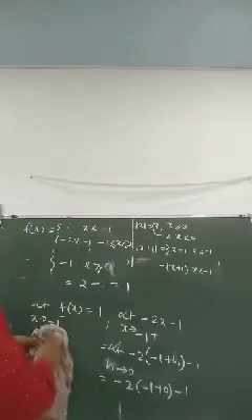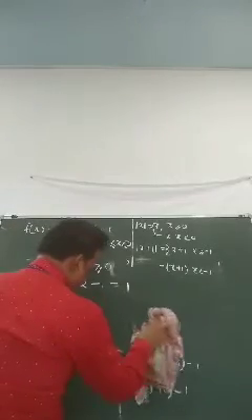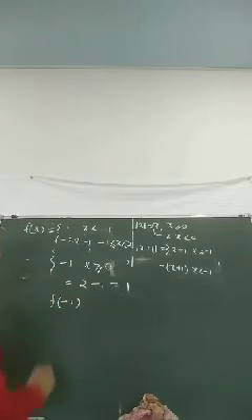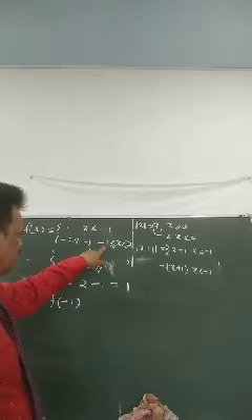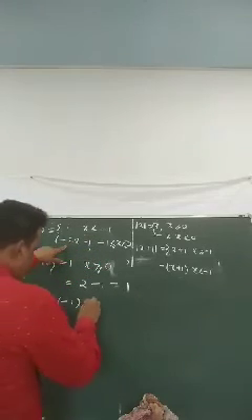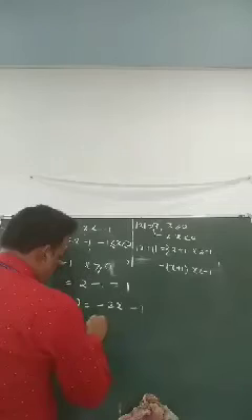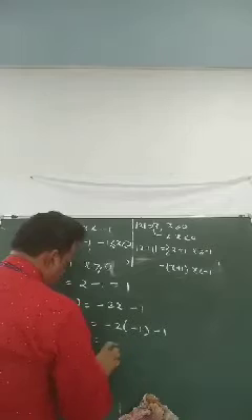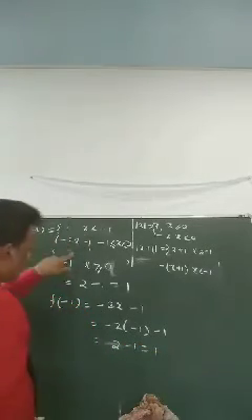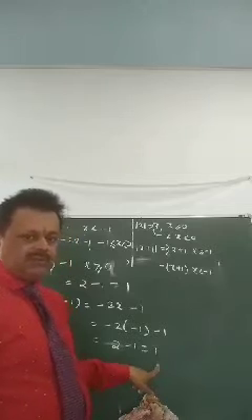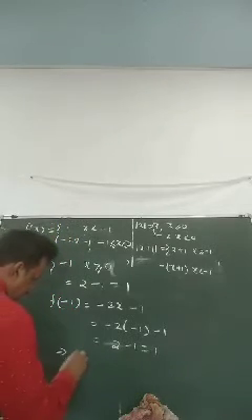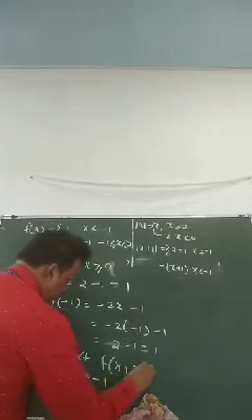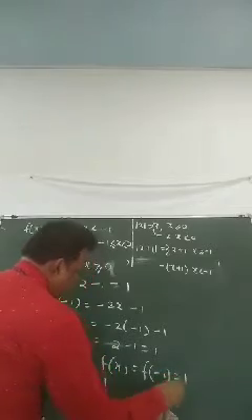That means we'll go to the functional value. Functional value means we'll find what is f of -1. Where do you put? When there is equality, you'll put -1 in this: -2x minus 1, so -2 into -1 minus 1. So 2 minus 1 is 1. That means your limiting value equals the functional value. So this implies limit x tends to -1 f(x) equals f(-1), which is 1.